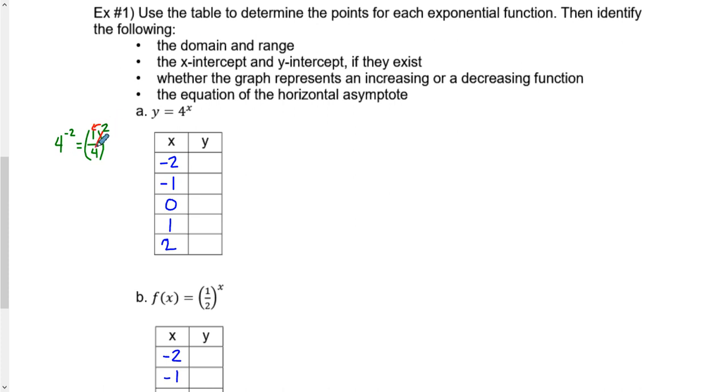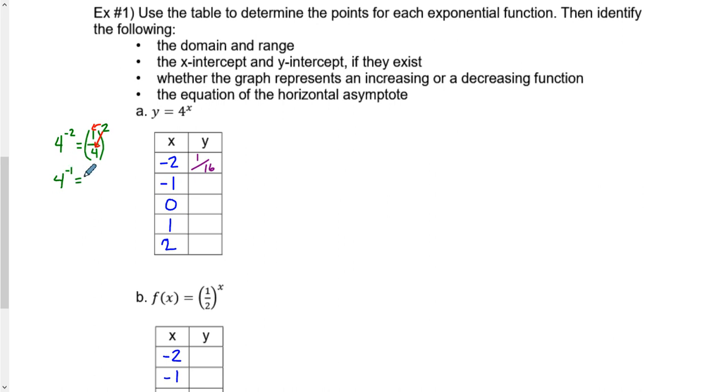Further on to that, the 2 gets distributed onto our numerator and onto our denominator, which makes it 1 squared and 4 squared. 1 squared is 1, 4 squared is 16. So 1/16, very small number. Of course, not the smallest number that we've ever dealt with, but it is still a small number. Similarly, -1: 4 to the power of -1.